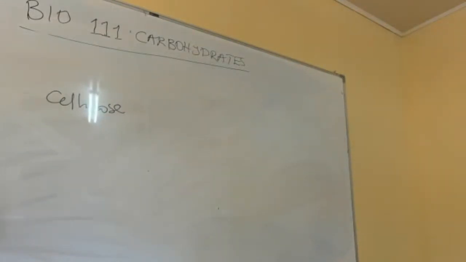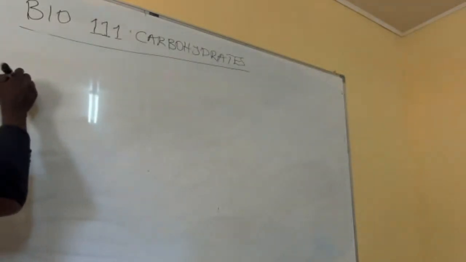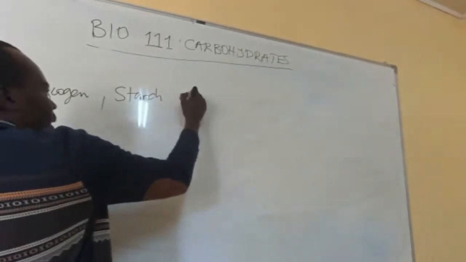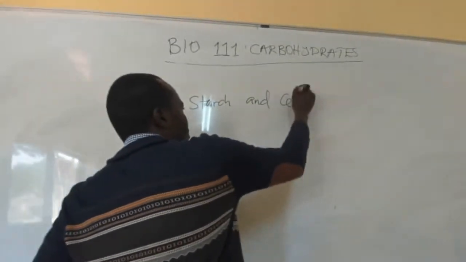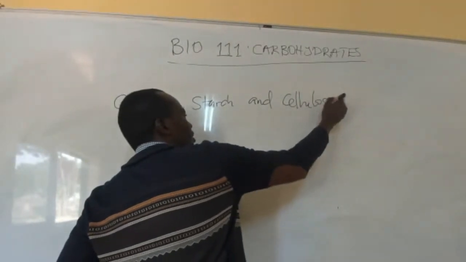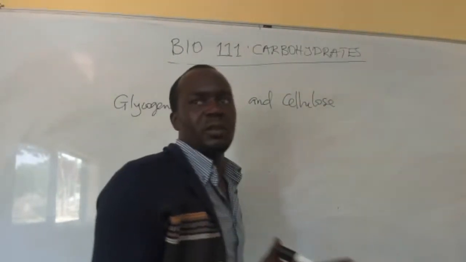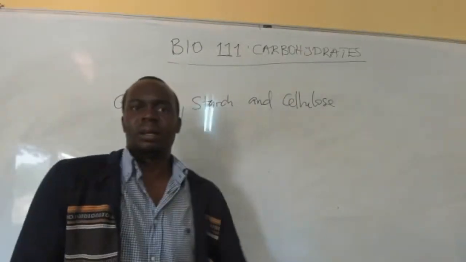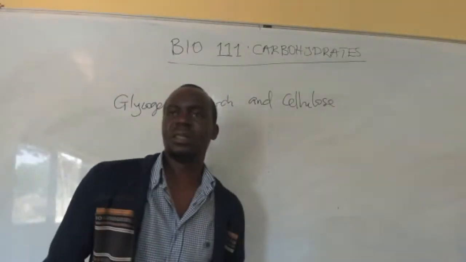One important thing as you are taking the cells and biomolecules course, you need to know the differences between glycogen, starch, and cellulose, because these are polysaccharides. Remember, most of the drinks that you people take, when you look at carbohydrates, these are sweet.